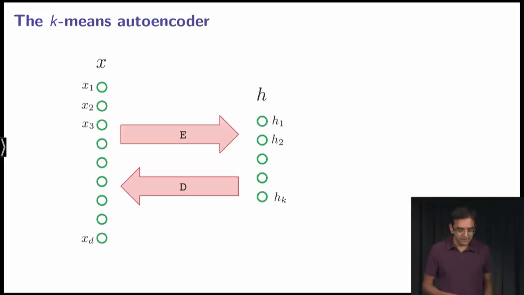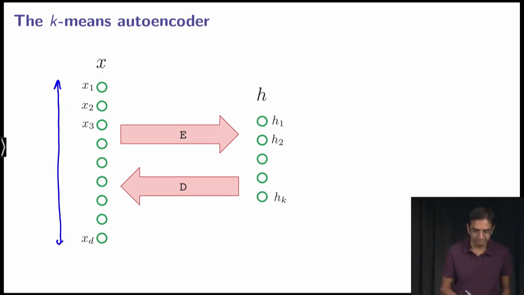Now, in what sense is this an autoencoder? In this case, the left-hand side is the original data points. We have d-dimensional data points over here. And the latent representation in this case is simply the cluster label. We send each point to one of these clusters, 1 through k.